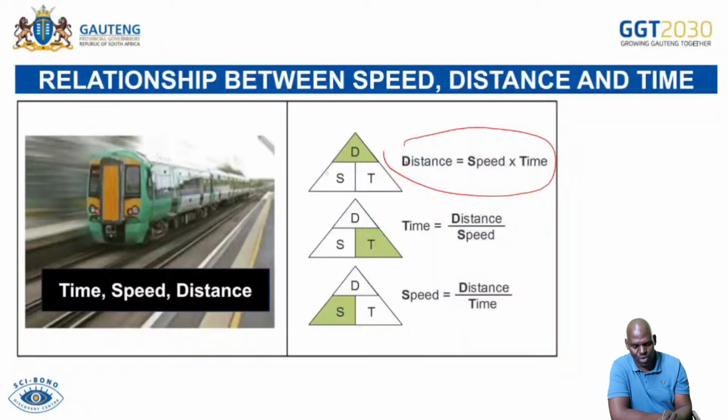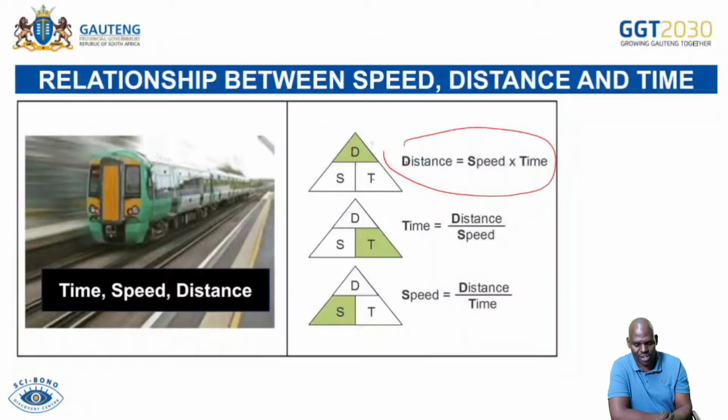But if you know your DSTV method or the triangle method, you'll know that if this is speed, then distance must be on top and time must be at the bottom. So speed is distance over time. And if you have to calculate time, it is going to be distance over speed.